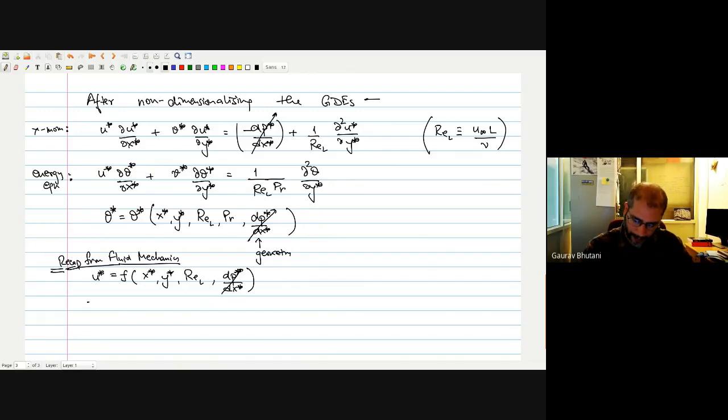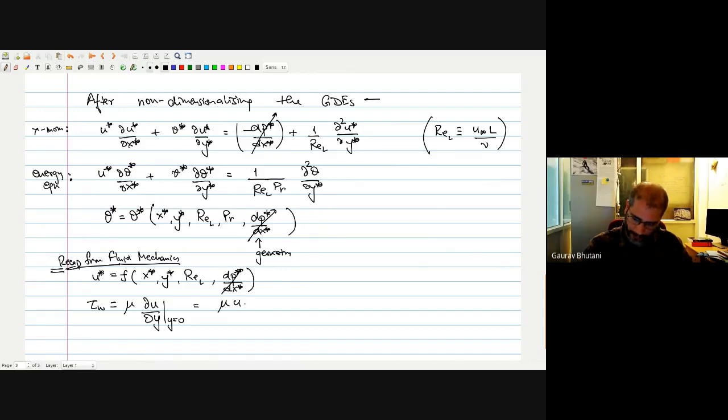And then our aim was to solve for the wall shear stress, which was mu times del u by del y at y equal to 0. In this case, since I'm solving the system for U star as a function of x star, I can write my u as u star times u infinity.